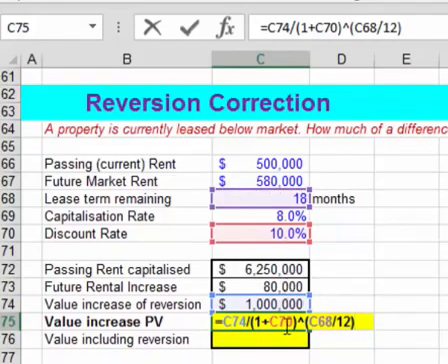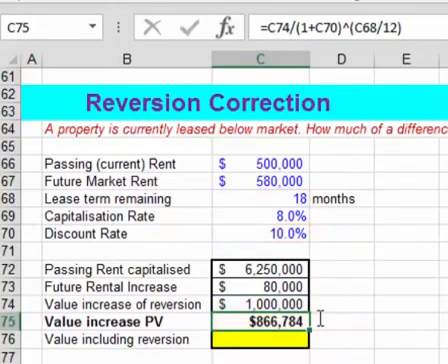So the equation looks a little bit cumbersome, but really all we're doing is dividing the $1 million, C74, by 1 plus the discount rate, all raised to the time that we have to wait, expressed in years. So that gives us a present value equivalent of $866,000.